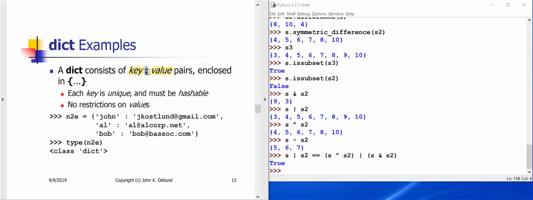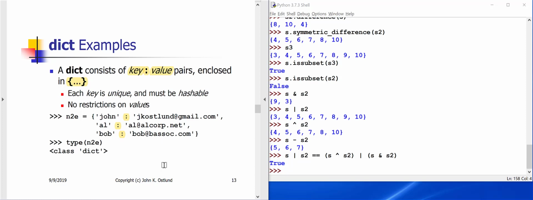When you put elements into a dictionary, you use a colon to separate the key from the value. Like a set, we use curly braces if we define a dictionary manually. We just need to remember to use the colon character to separate the key from the value in each item that we add to the dictionary.